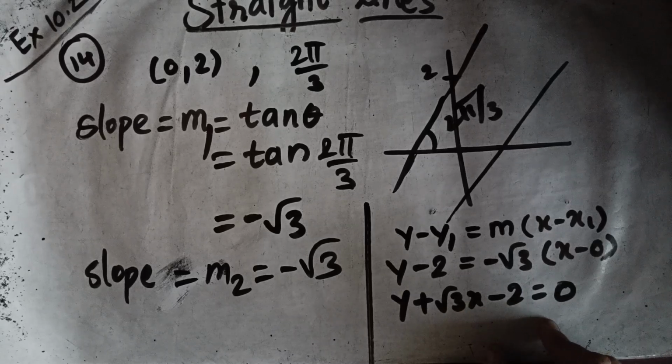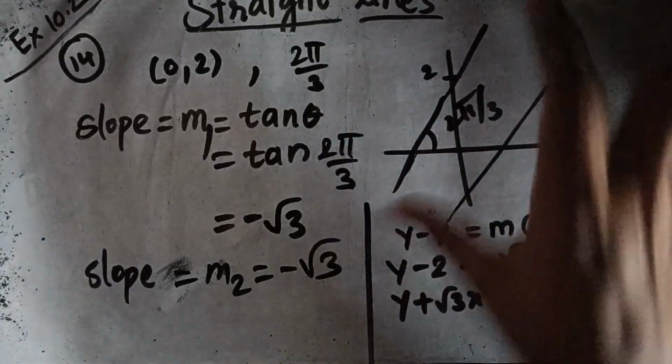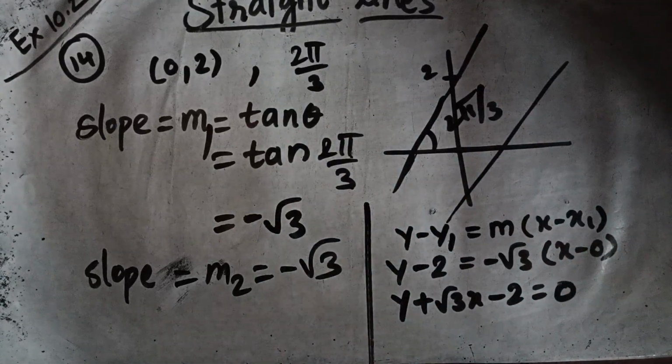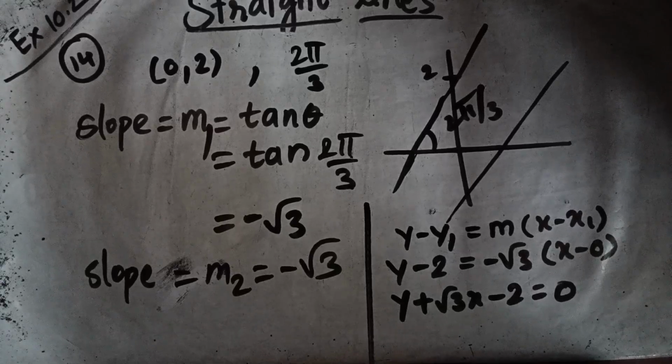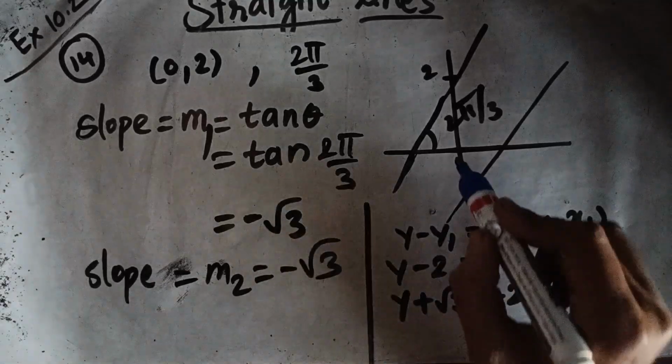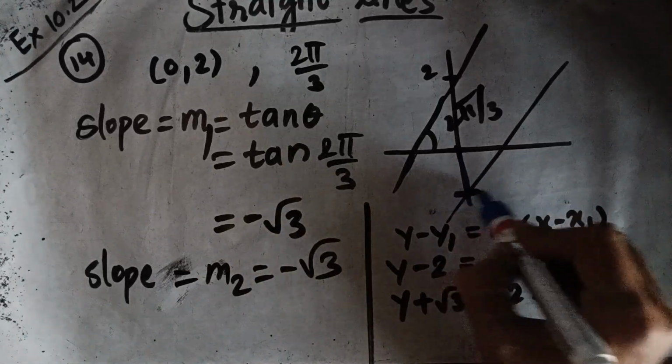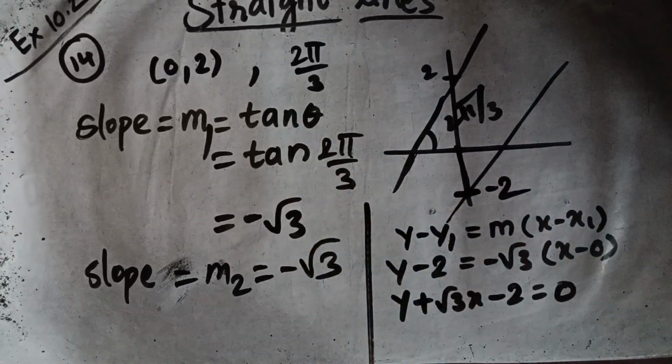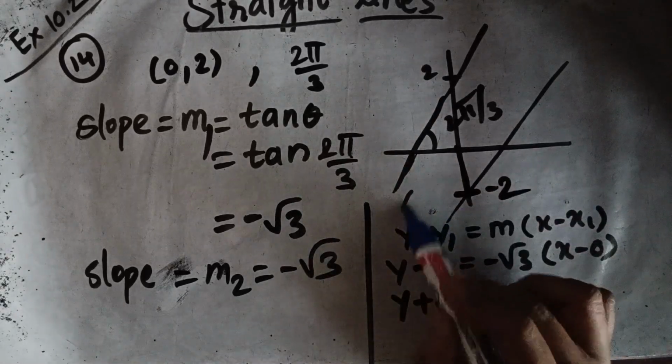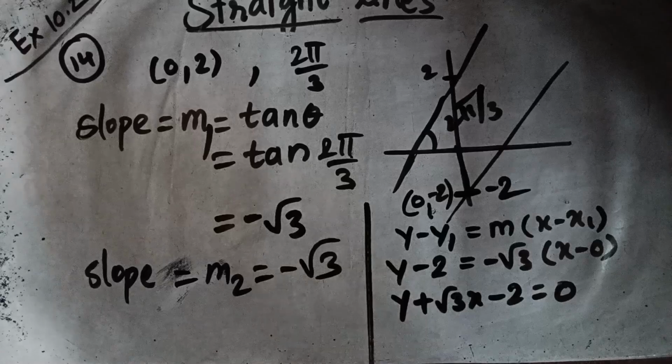Okay. Now they have given a condition. This is for the first line, the equation of the first line. Now for the second line, they have given the condition that it is parallel to it and crossing the y-axis at a distance of 2 units below the origin. Now below the origin means this point is minus 2. Okay, so this point will be (0, minus 2).